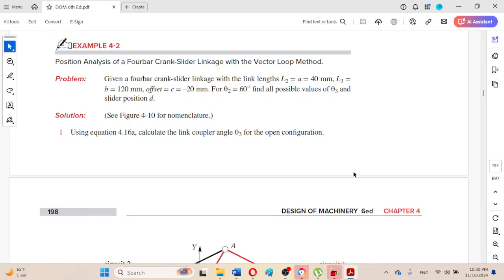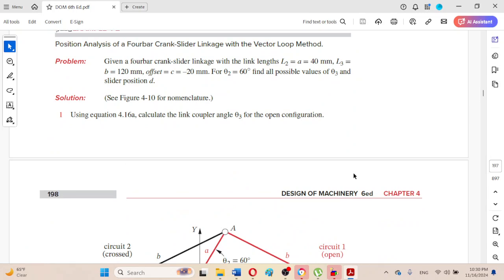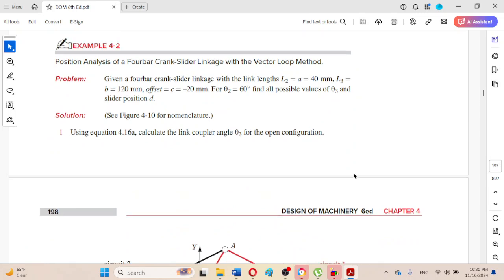In this video, I will be explaining the method for the solution of the velocity analysis using instant center technique for the example that is available in chapter number 6, but its graphical position analysis is given in chapter number 4.